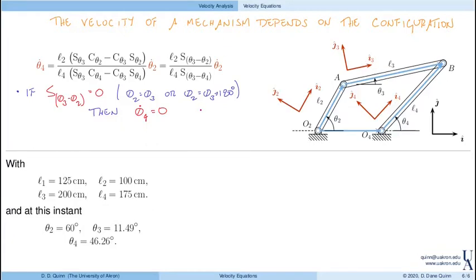Well, this would be one of the limit positions of the mechanism. And it's a geometrical thing, it comes from geometry, but it's really easy to identify those limit positions, for example, using the velocity. Now, the other thing that we'll notice is that the output velocity variables are proportional to the inputs.